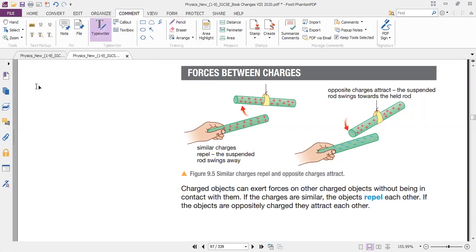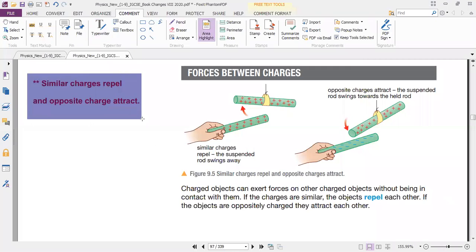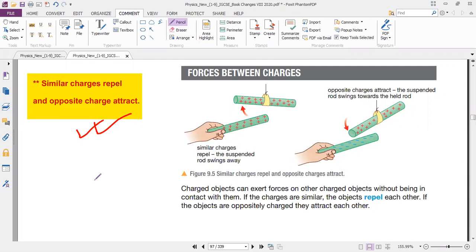So this is the nature of charge, and a very important point, please write: similar charges repel and opposite charges attract. Very important point. Similar charges repel and opposite charges attract. So this is a very good demonstration, and this demonstration is important for the O-levels examination.